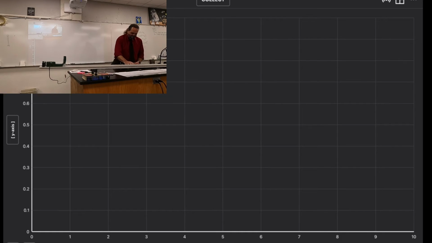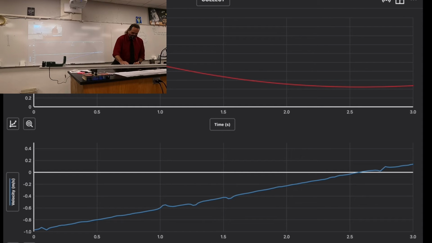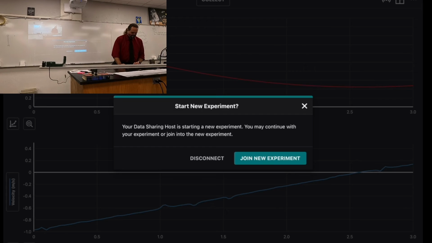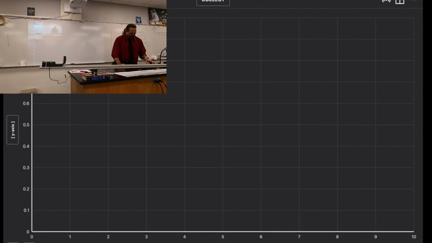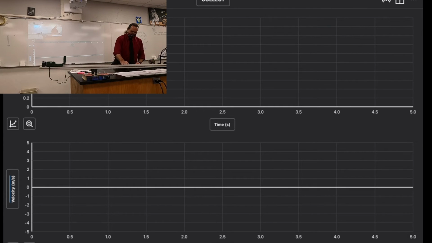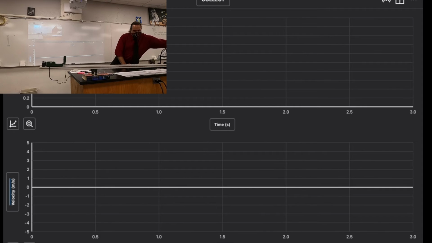Table 6, file, new, discard, join new experiment. There we go. I'm going to set a 3-second experiment, because that seemed to work okay. And we're going to go 50 samples per second. And let's see, I'm just going to burn off a set of data real quick while I get this set up.